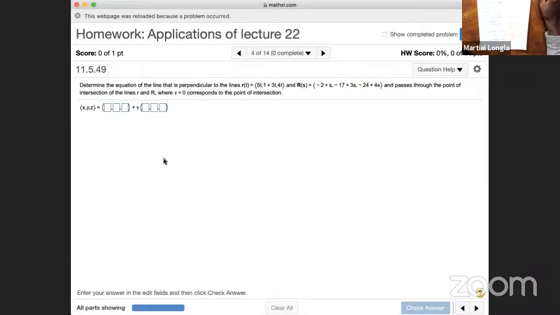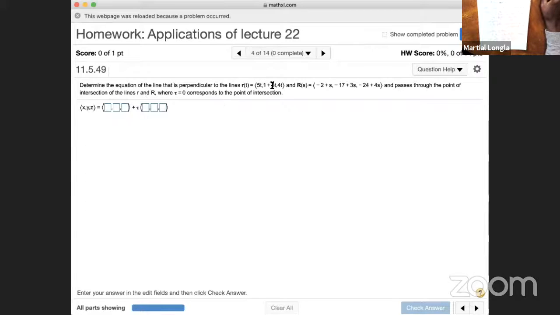You're going to be asked to find a line that is either parallel or orthogonal to another line. As in this problem, we say, determine the equation of the line that is perpendicular to the lines this and that and passes through the point of intersection of the two lines.